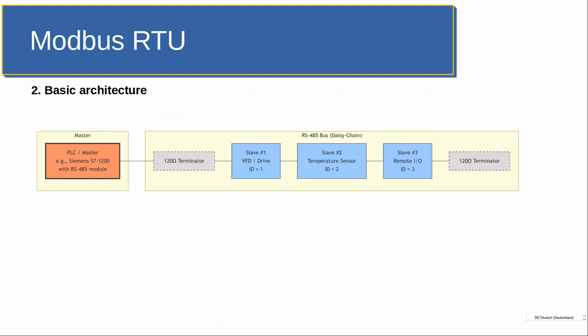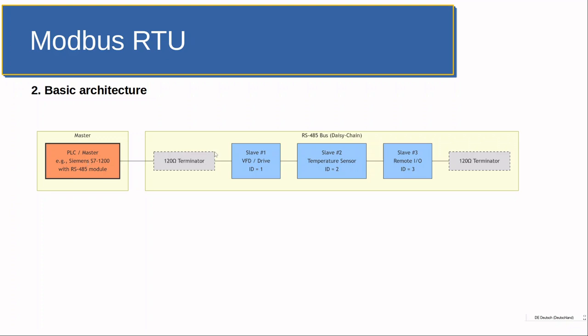So now we'll have a look at the basic architecture of Modbus. Here we always have a single master, for example, the PLC, at one end of the bus, and it controls the communication. And you should have a physical layer for Modbus, for example, RS485.